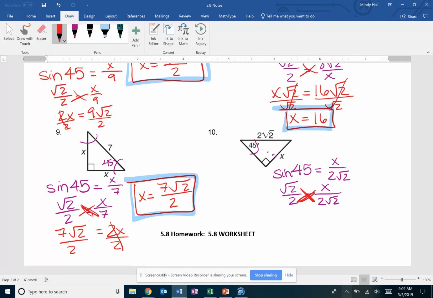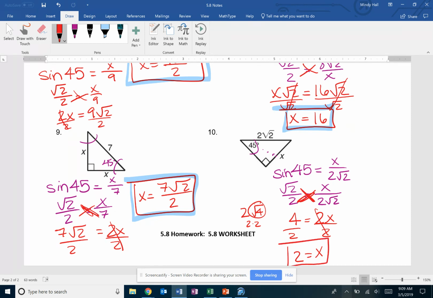Well, square root of 2 times the square root of 2 is the square root of 4, so it'd be like 2 square root 4. But remember, this becomes a 2, so it's really 2 times 2, so it's just 4. Oops, not 4 over 2. 4 equals 2x. And then when you divide by 2, you get that x equals 2.